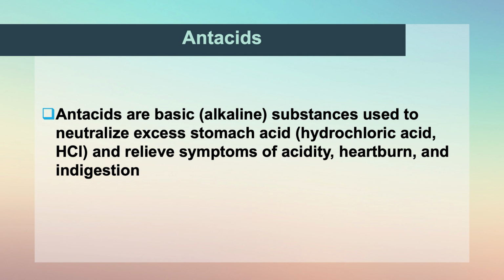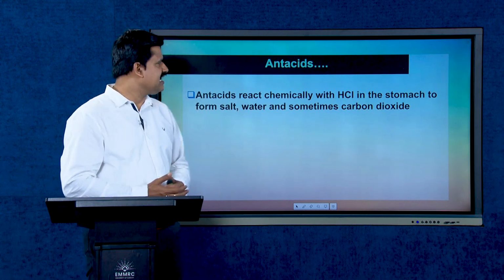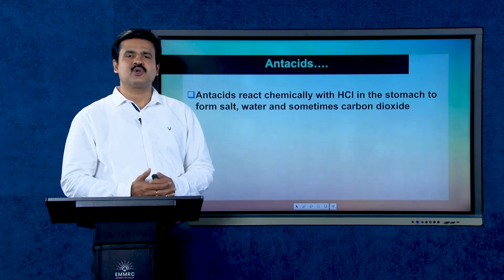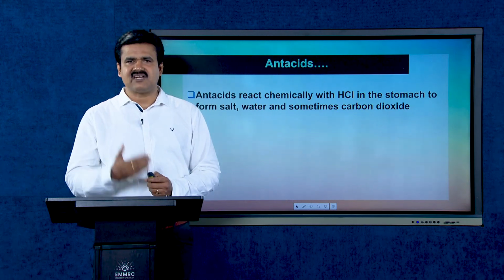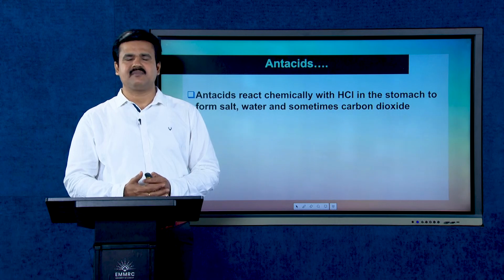Antacids are basic or alkaline substances used to neutralize excess stomach acid, that is hydrochloric acid, and relieve symptoms of acidity, heartburn, and indigestion. Antacids react chemically with hydrochloric acid present in the stomach to form salt, water, and sometimes carbon dioxide.